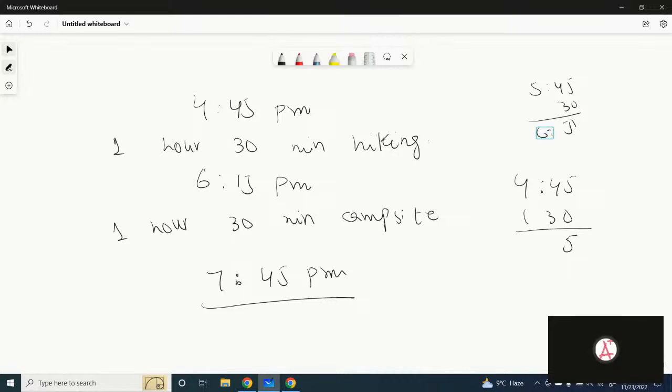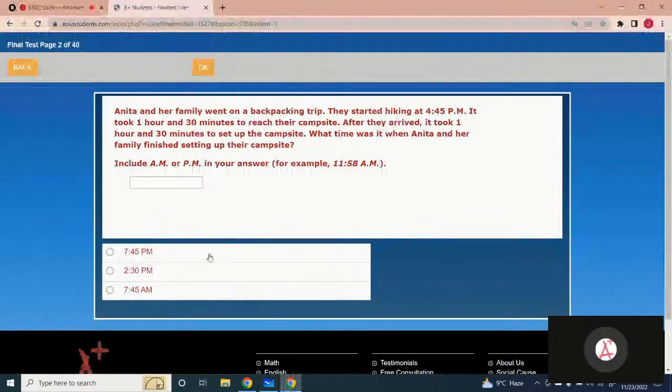So that means at 6:15, they arrived at the campsite and took 1 hour 30 minutes to set up their campsite. So just add 1 hour 30 minutes, it would be 7:45 p.m. Got it?